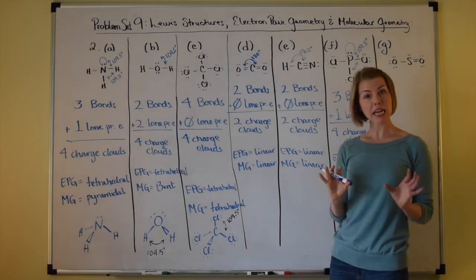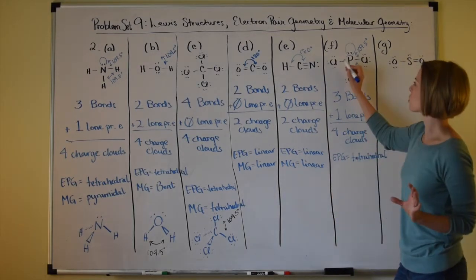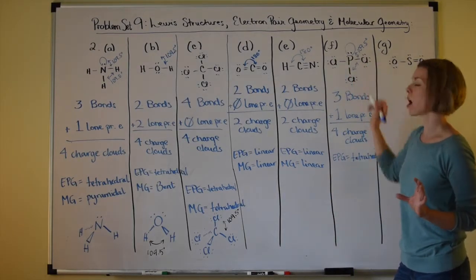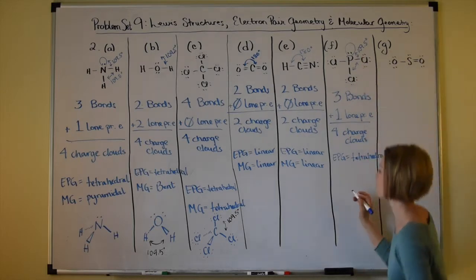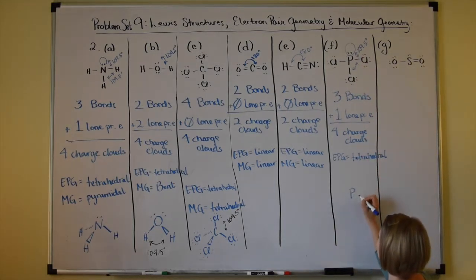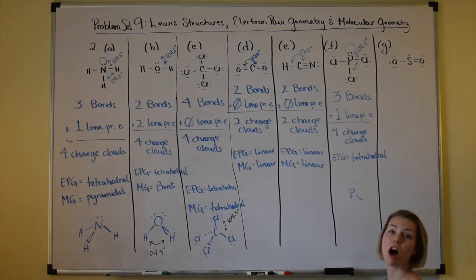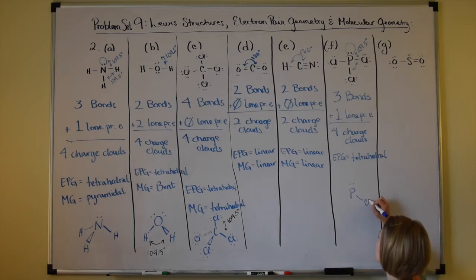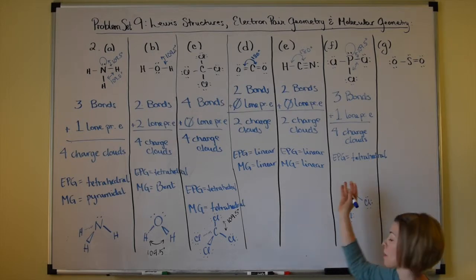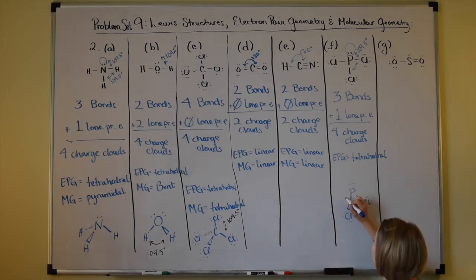But when we look at the molecular geometry, remember we're just looking at the atoms in the molecule. Okay, so let's redraw down here what that's going to look like. If the lone pair and this bond are considered to be in the plane of the whiteboard, then that means that this chlorine atom would be coming out of the plane, and this final chlorine atom would be going into the plane of the whiteboard.